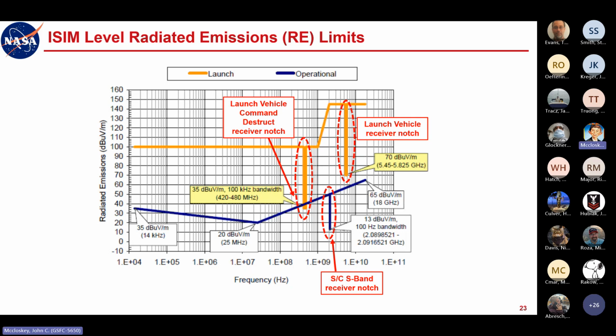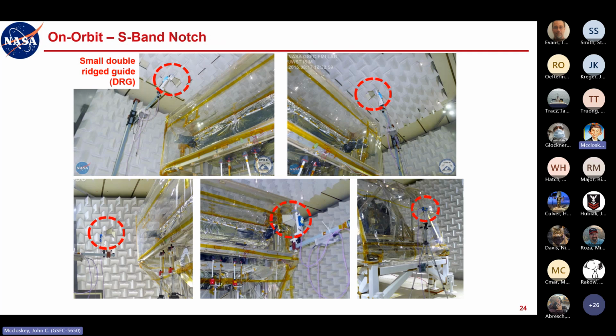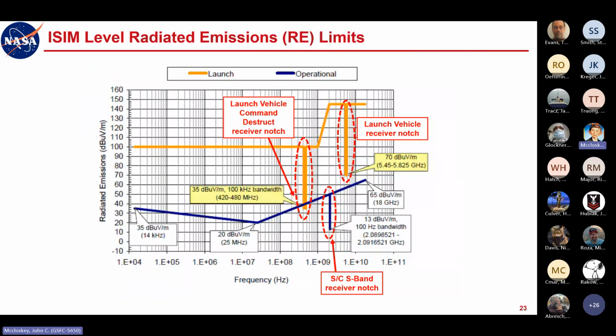So anyway, I've probably pointed this out before, but when I first heard about these command destruct receiver notches, I interpreted them as, gee, if you emit anything in that receiver notch, if you're generating any incidental emissions in that receiver notch, you could blow up the rocket.